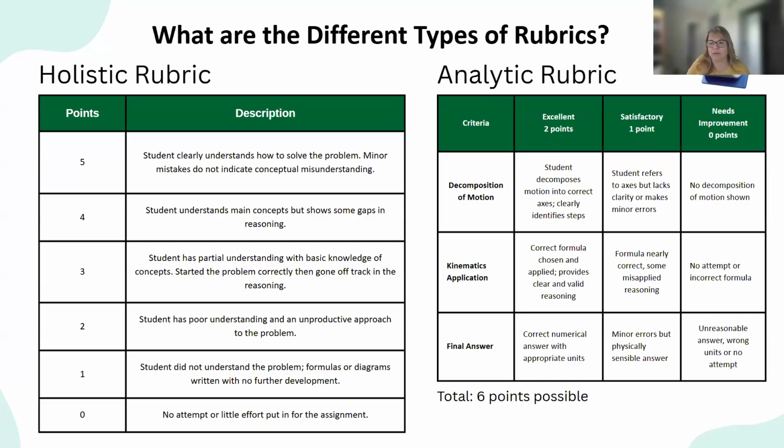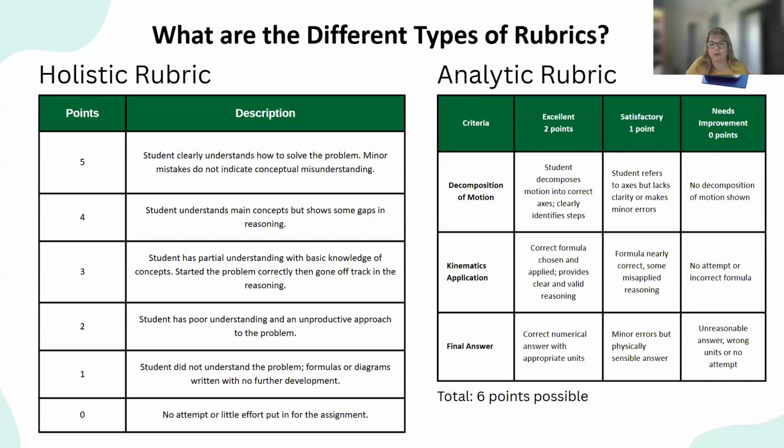And then with the analytic rubric, this is a little more complex. It breaks down the task into criteria, such as organization of the paper, evidence, and language, with various performance levels. This is more time consuming to write and prepare, but it's much more transparent as far as grading.